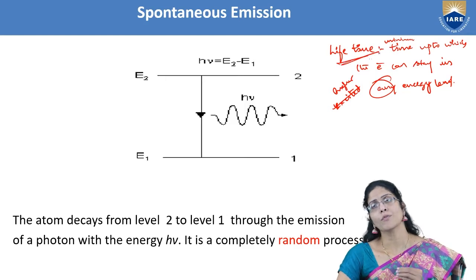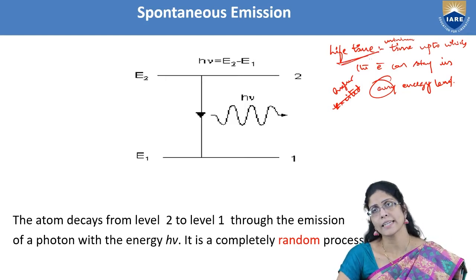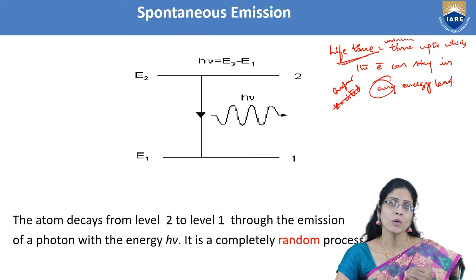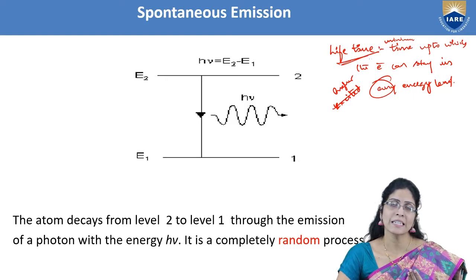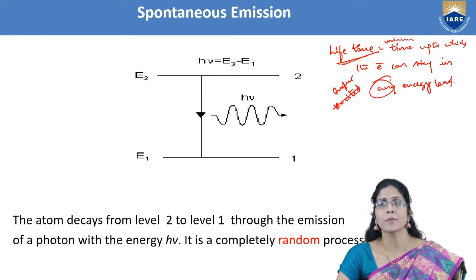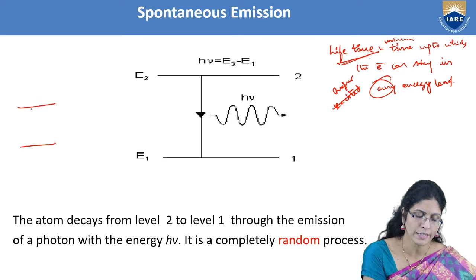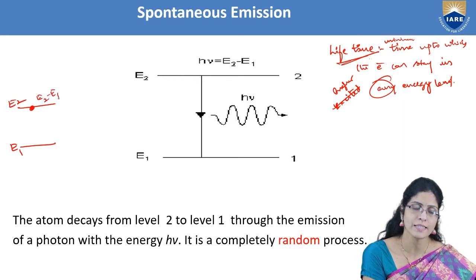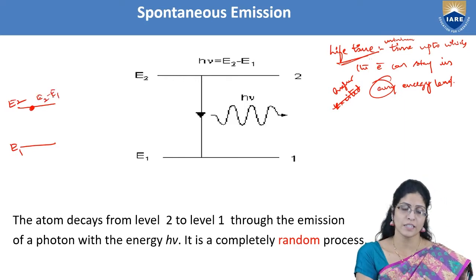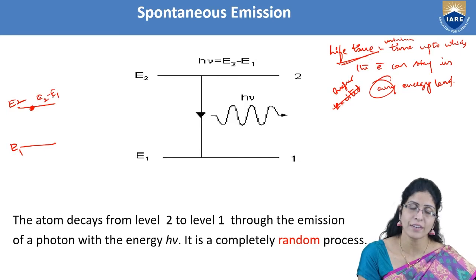So the lifetime of the electron once it goes to a higher energy level is very low. It cannot stay there for a longer time, but it spontaneously comes down. So it's a random process. The electron in the higher energy level already has an energy which is E2 minus E1, only then can it go there, and it cannot stay for a long time.